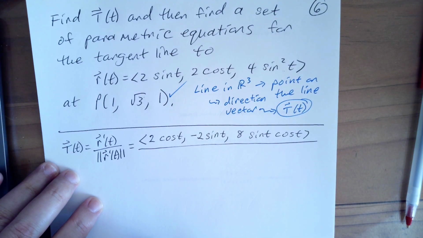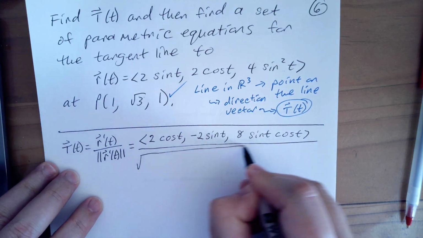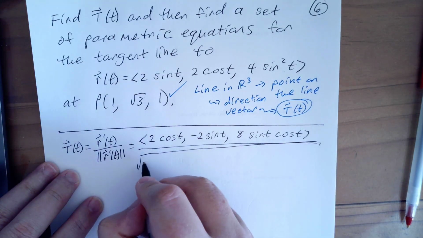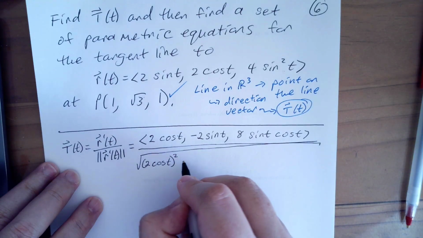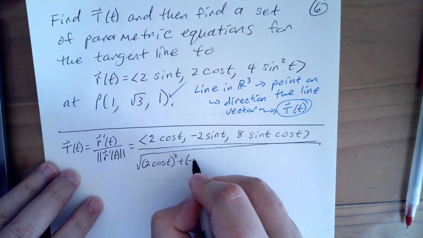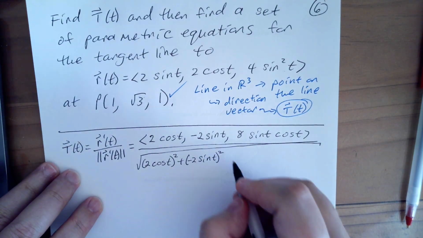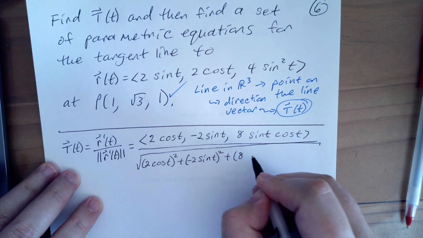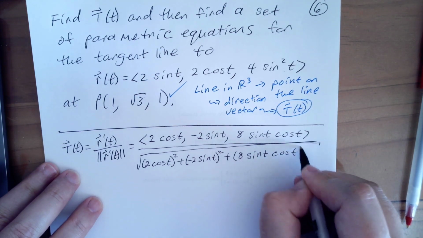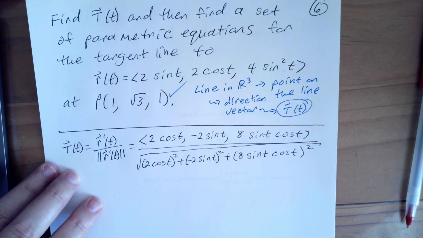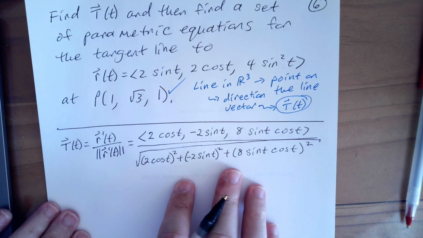We're going to divide this entire thing by the magnitude of this. So we're going to have a big square root. We'll have 2 cosine of t, squared, plus this negative 2 sine of t, squared, plus this 8 sine of t cosine of t, squared. That's our setup.